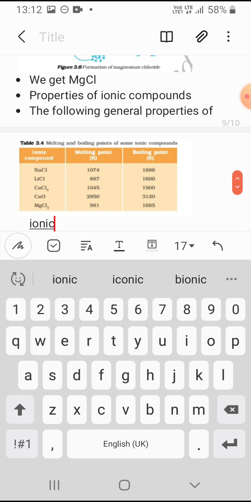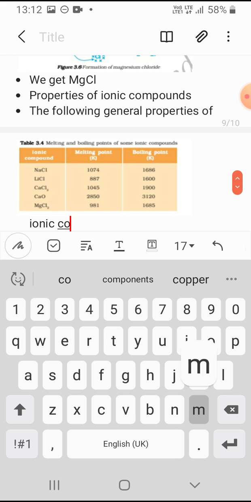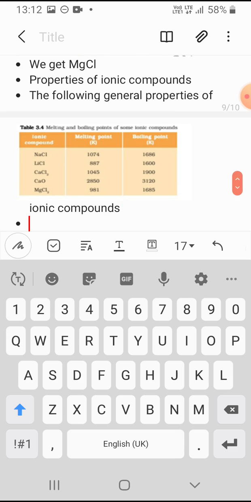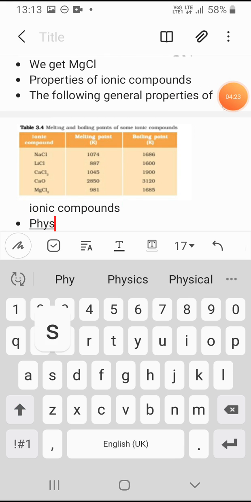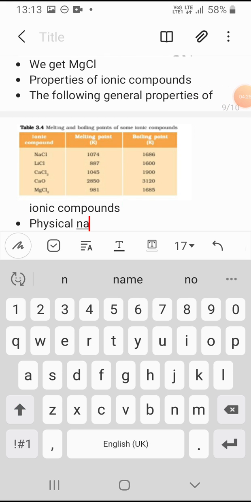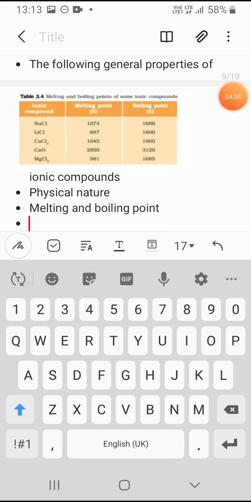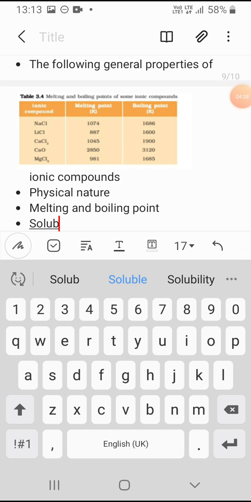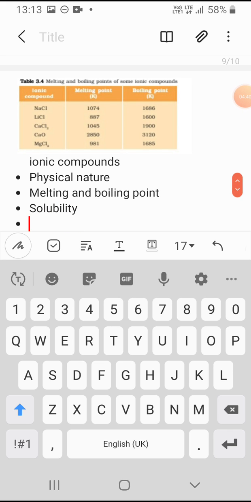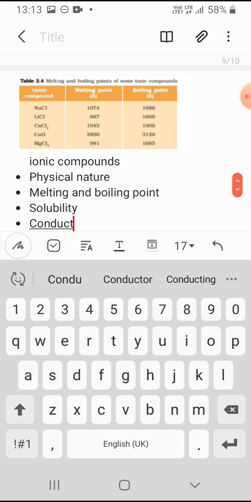Ionic compounds have a physical nature. They have melting and boiling points, solubility, and conduction of electricity.